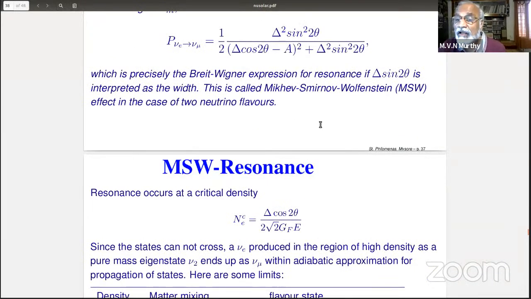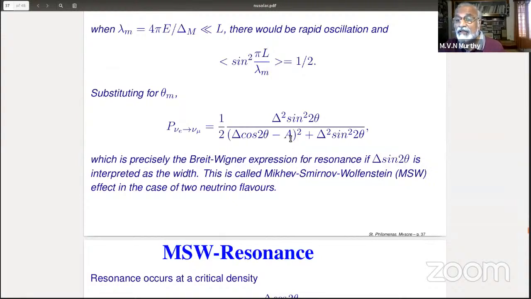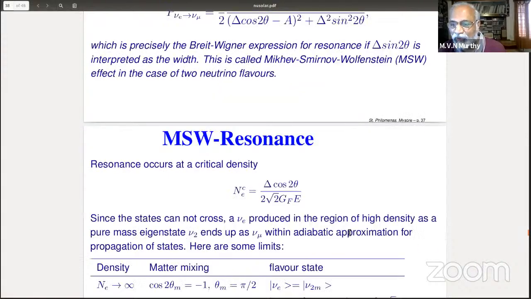So why is it called a resonance? That this actually maximizes this. Remember, this A depends on the potential, and the potential depends on the density and energy. So therefore, this is a varying quantity in matter. So when it hits A equals delta cos 2 theta, then it becomes maximum, and therefore this is called a resonance. And in fact, if you plot, you will see that it has that nice Breit-Wigner form.